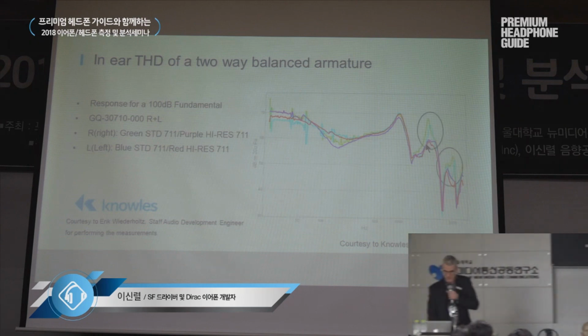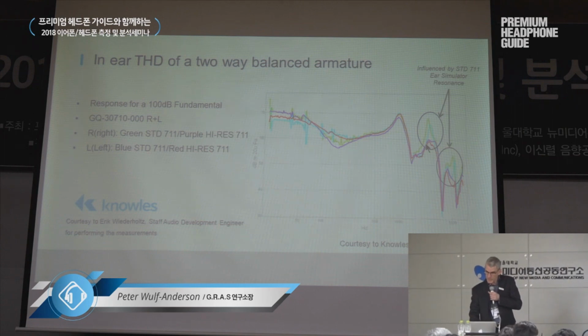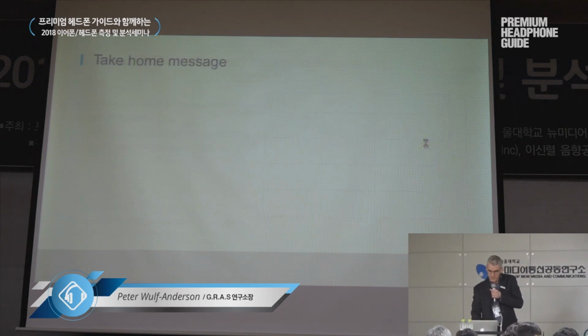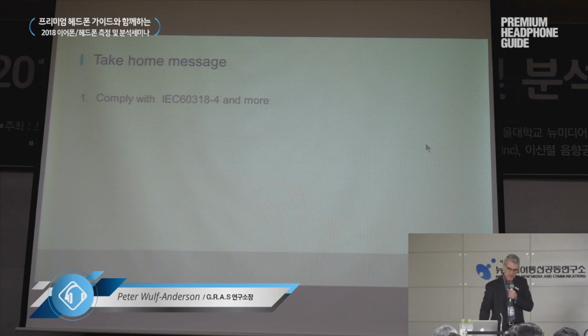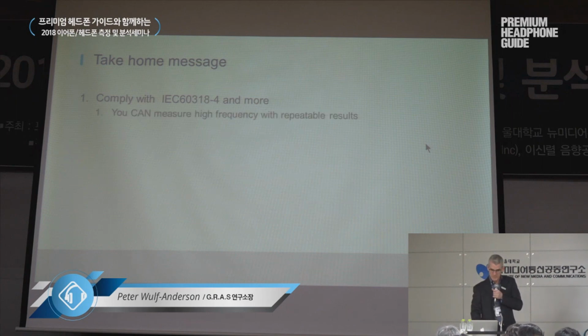Just showing the two areas where we have the improvement. So, just to sum up what I talked about, the new coupler complies with the IEC standard, so we are still fulfilling the standard. But you can now measure high frequencies with much better repeatability.